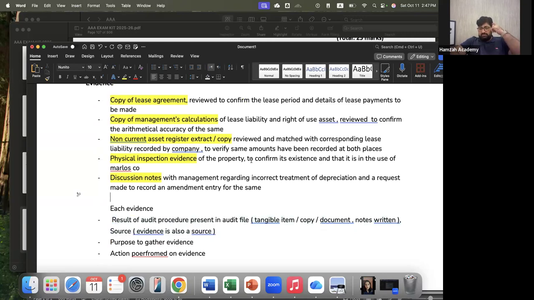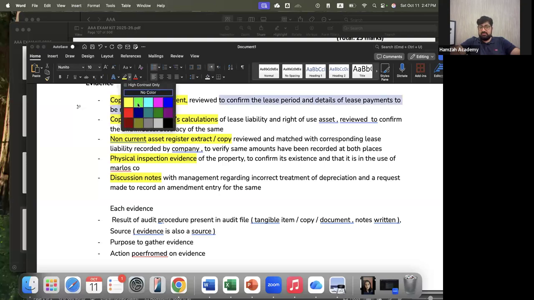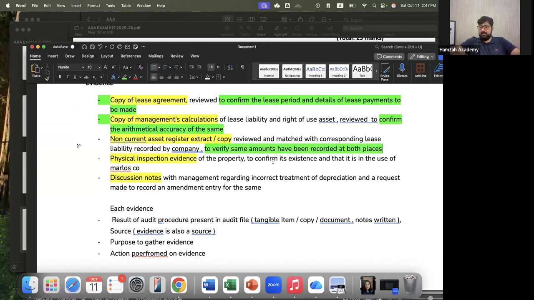Now you see here, the purpose: to confirm this. To confirm arithmetical accuracy, this is the purpose. To verify. To confirm.